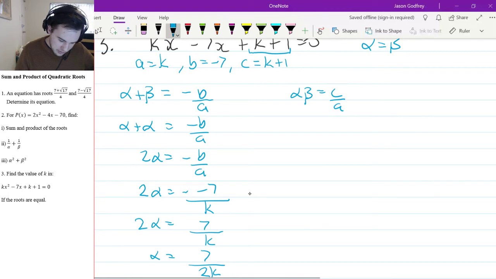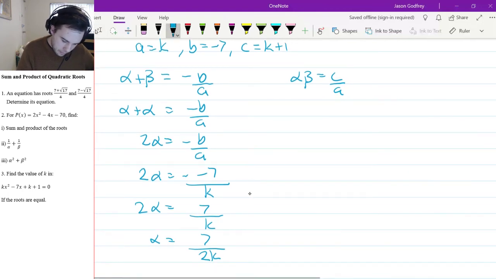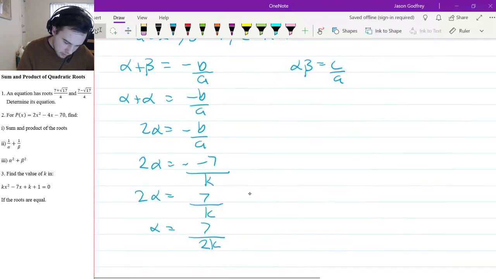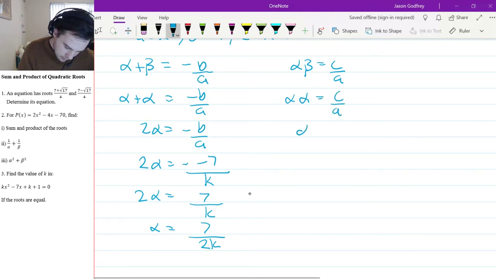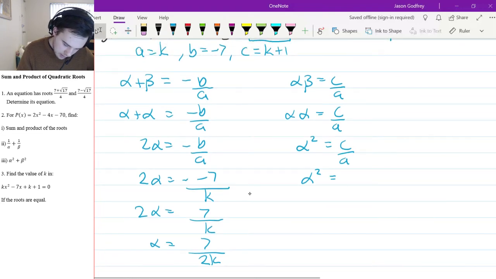Alright, so let's continue up here. So alpha times beta, and remember alpha and beta were equal, so we'll replace beta with alpha. Alpha times alpha is c on a, and so alpha squared is c on a. Our value for c was k plus 1, and a is k.